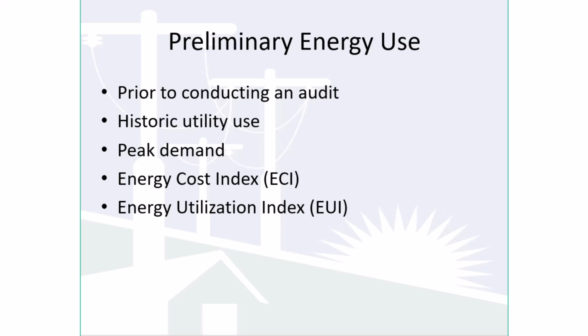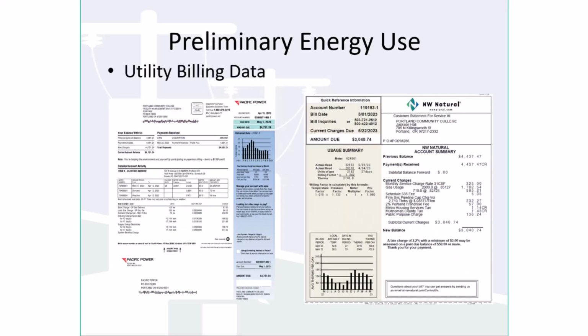And then we do a calculation, which is called the energy cost index, and then we also do an energy utilization index. And I tell my students these are probably the two most important calculations to do, and you'll see why when we talk about benchmarking.